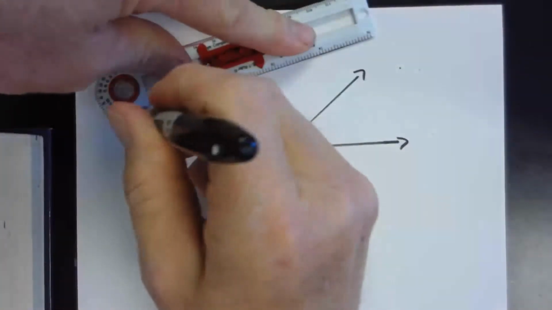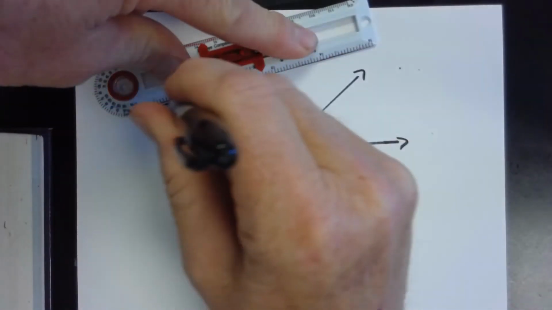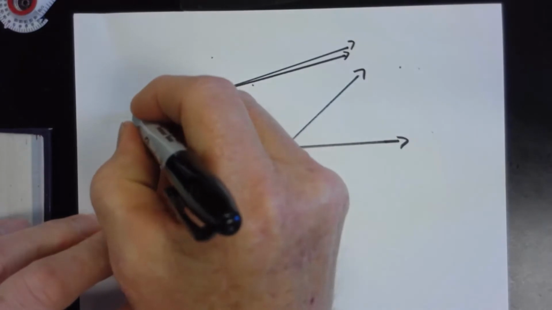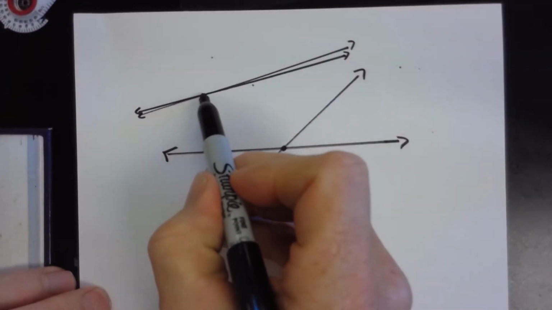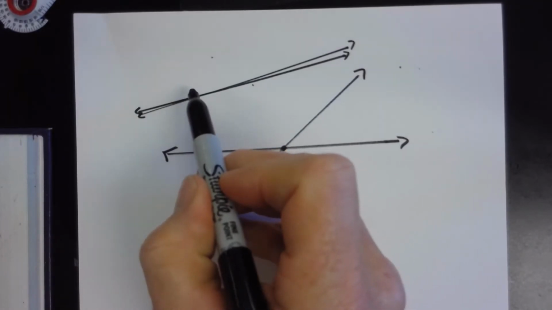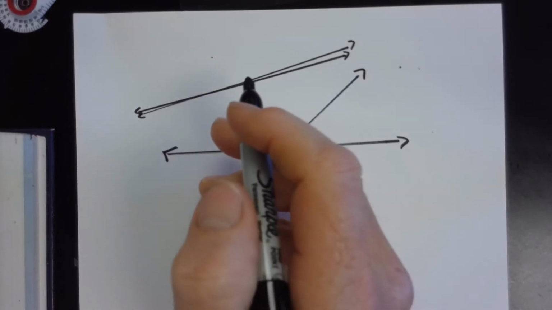Even if the two lines are like this. Now, doesn't it look like they have a lot of points in common? But how do we define a point? How wide is a point? Right?